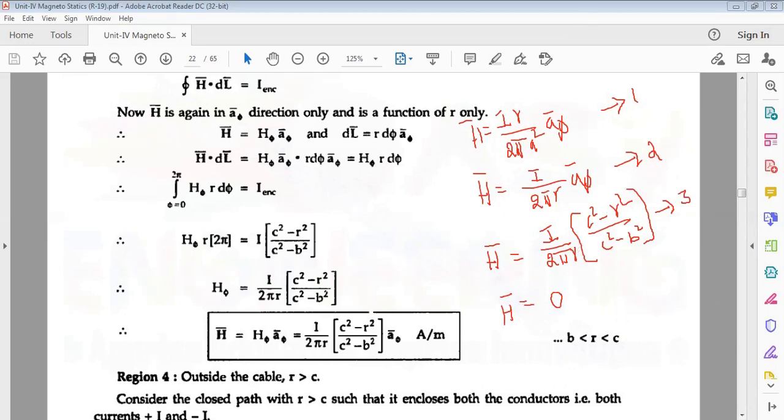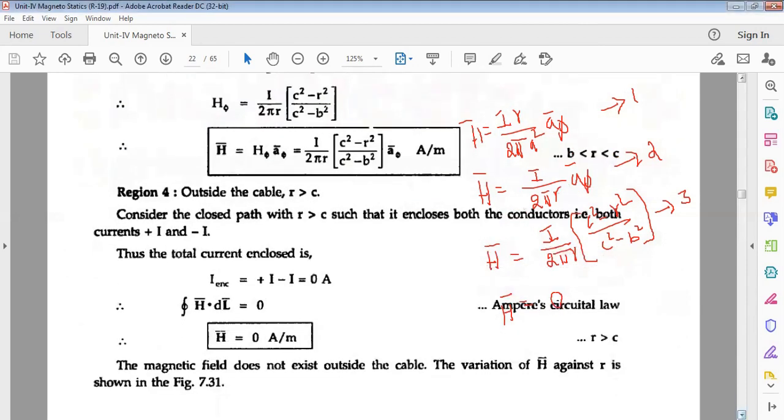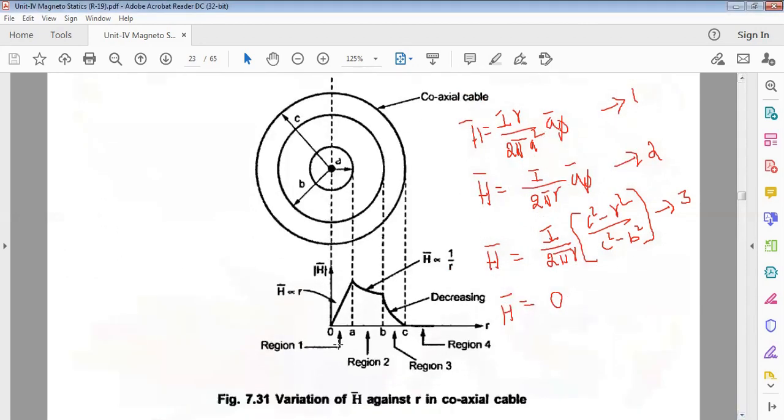So it depends upon the R value, the graph is showing like this. In the range of 0 to A, the H bar is proportional to R. See the first one, H bar, consider the remaining I by 2 pi A as a constant, proportional to R, not 1 by R, it's directly R. So slowly it increases as R increases, up to A. Then H bar is inversely proportional.